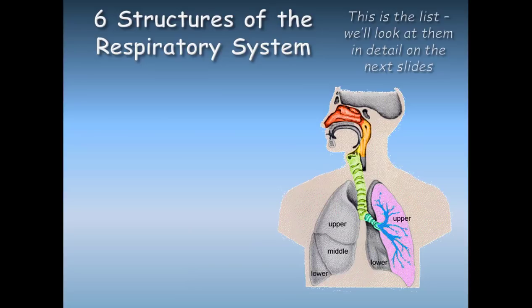Now let's take a look at the 6 structures of the respiratory system. We'll list them out here and then we'll go into details on the next slides.